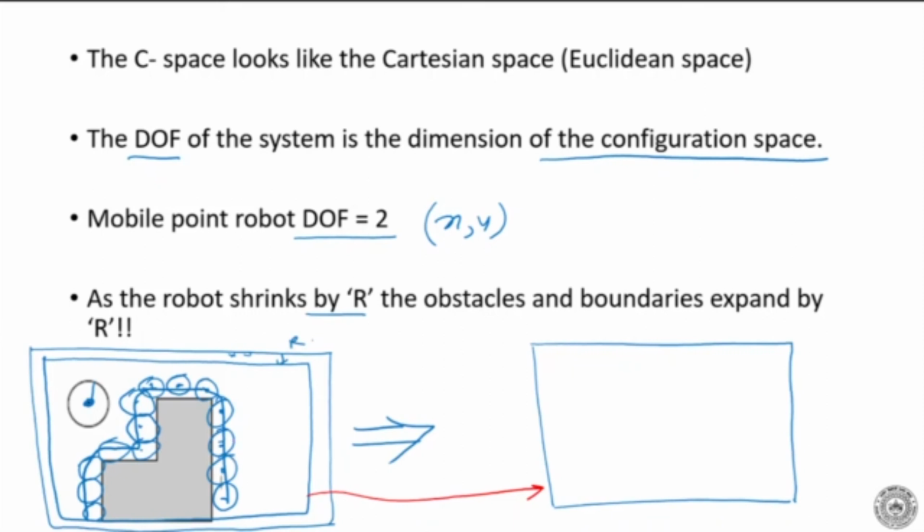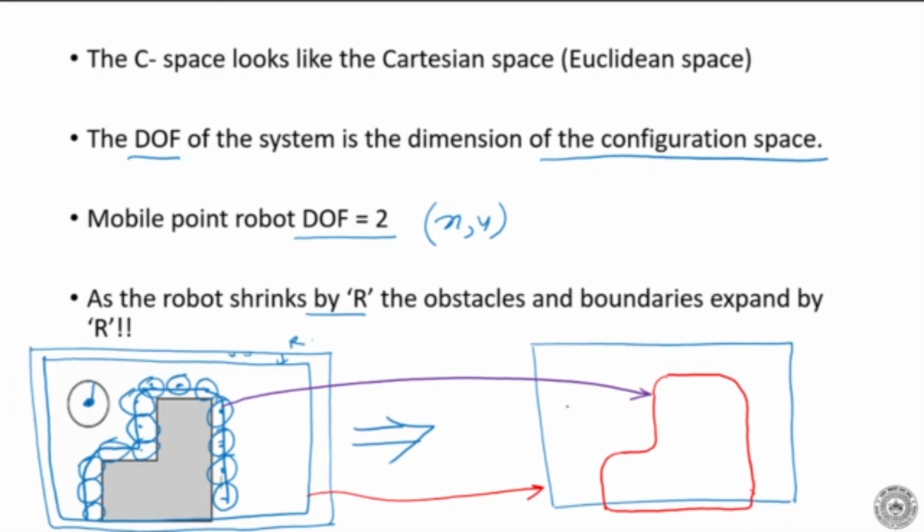The obstacle has become larger, and it has gone out this side. So what we are seeing is that the obstacle space has now become bigger.